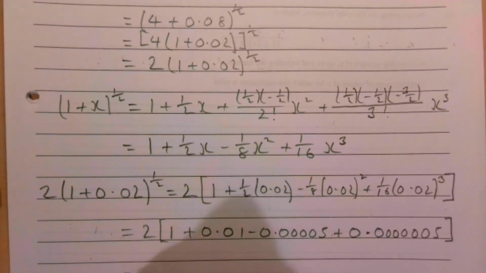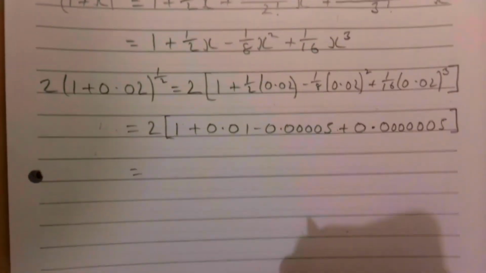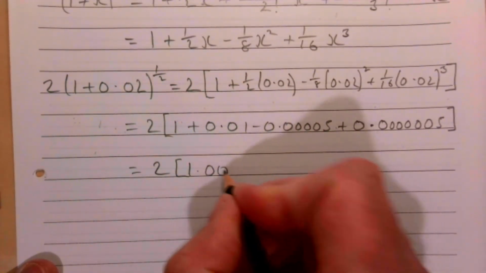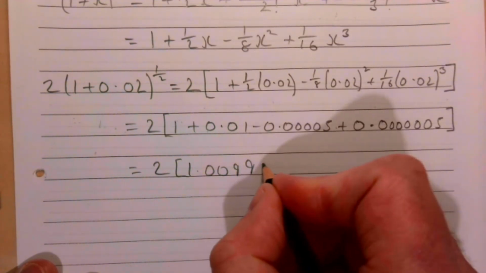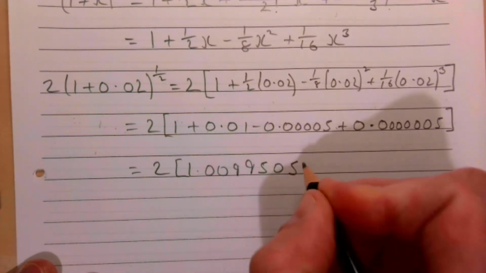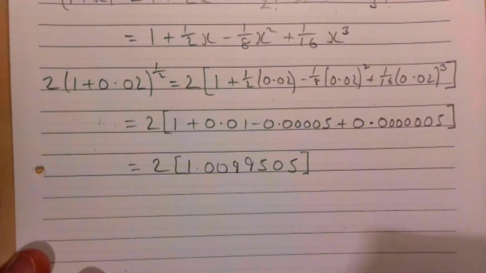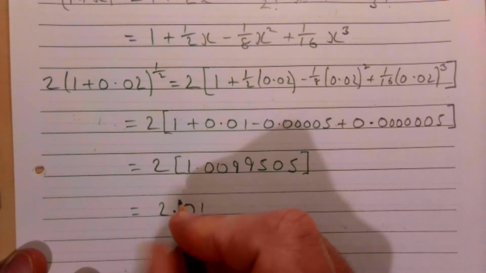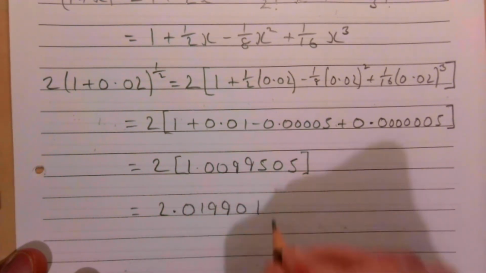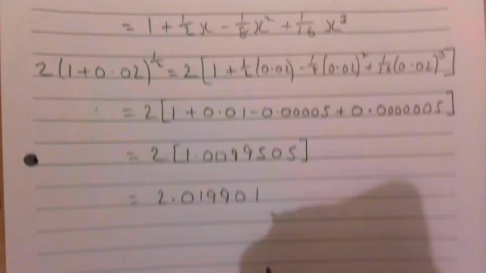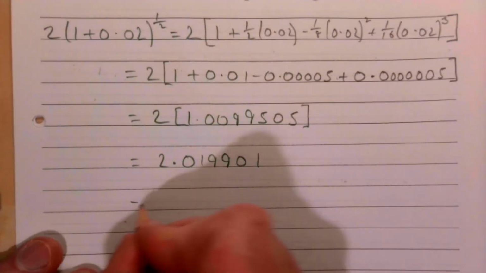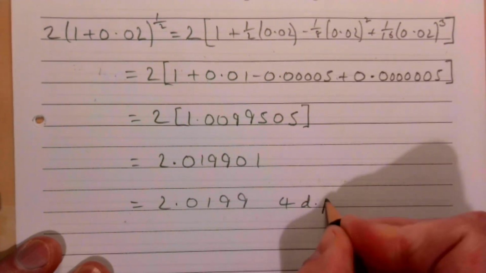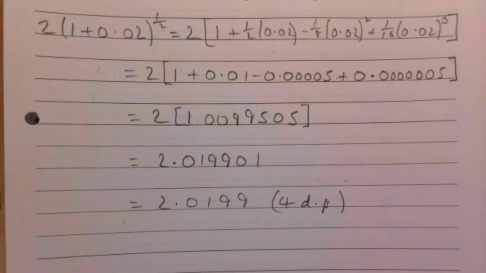If we add everything together, we get 2 times 1.0099505. Obviously then multiplying by 2, we get 2.0199001, and what do we want it to? 4 decimal places. 2.0199 to 4 decimal places.